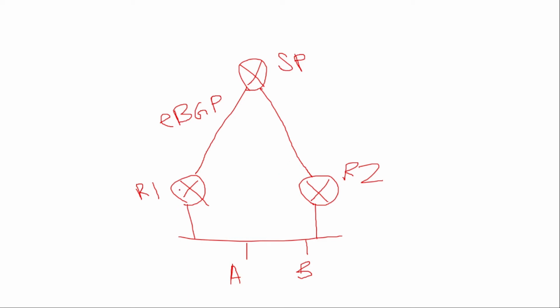Let's say we want to prefer R1 to reach inside from the service provider, then we can advertise a longer AS path through R2 to reach, for example, subnet A. So when the service provider sees the longer AS path through R2 to reach subnet A, it will not prefer R2. It will prefer R1, which is providing a shorter AS path to reach subnet A. So that is one method, AS path prepending.